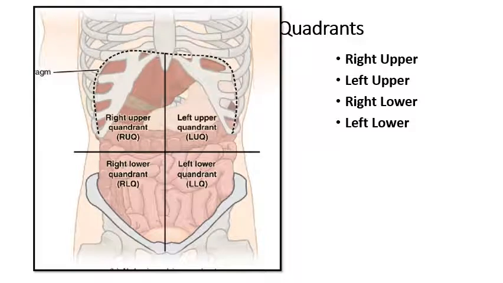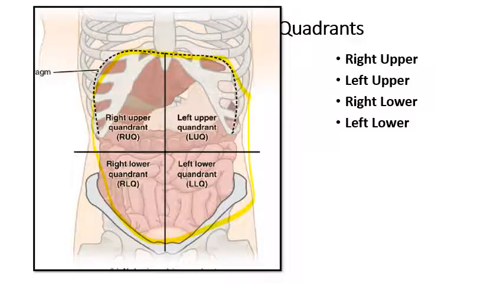Now, if you look just at the abdominal area and the pelvis as well, it's common practice for anatomy people and medical people to divide it into 4 parts, which are called quadrants. The word quad is of course the Latin word for 4. So whenever you divide something into quadrants, you're dividing it into 4. This picture is again in your handout, and medical people often refer to these areas as the 4 quadrants.